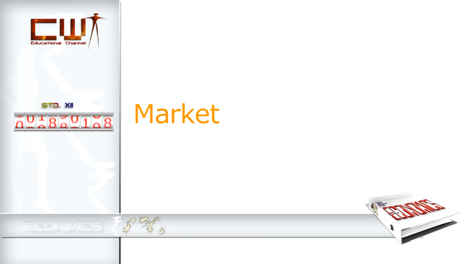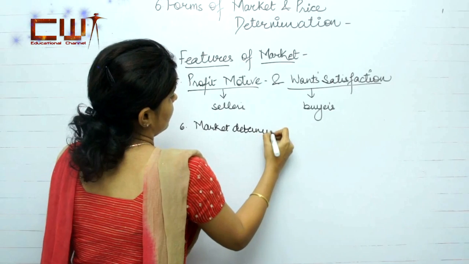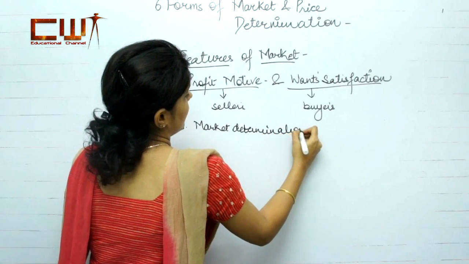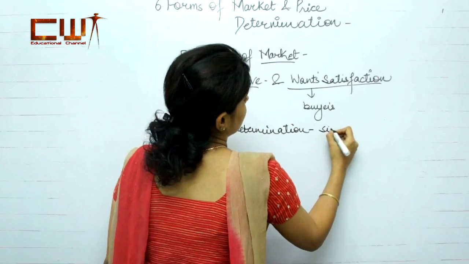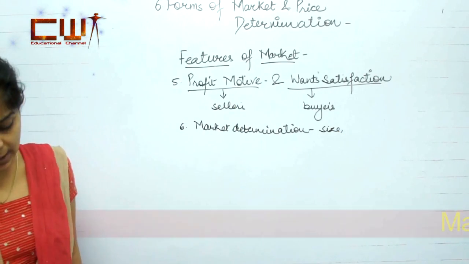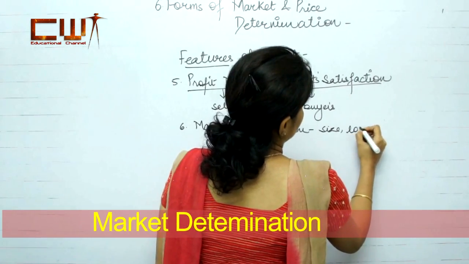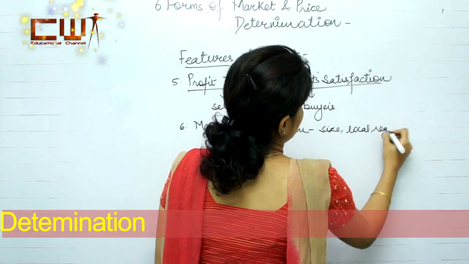Next feature can be market determination. Market determination will have size of market, right? You have different sizes of market, small market, large market. Then you have local markets, regional markets.